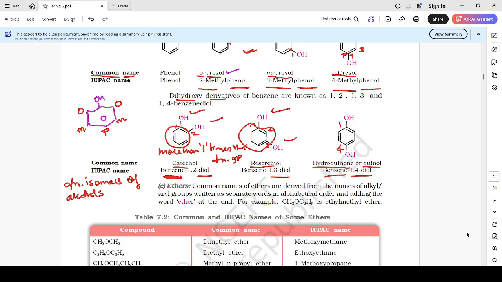Just like a chain isomer, if the same functionality is there, with just a mild change, if I am able to produce another functional group, then I call it functional isomer. Let me consider ethanol, CH3CH2OH. I am just relocating the CH2 to the other side of the OH here. So I have CH3OCH3. Initially it was an alcohol, now it has become an ether. So yes, it is a functional isomer of alcohol.